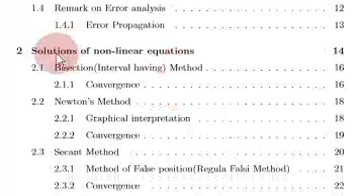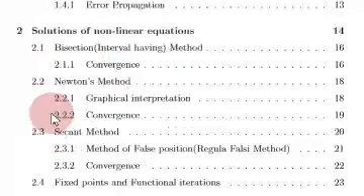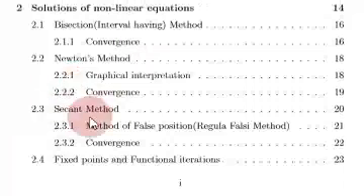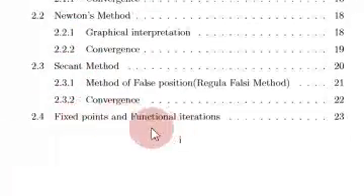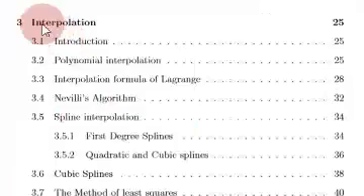Under section 2, you will find solutions to nonlinear equations using the bisection method and Newton's method. There are many methods, many numerical schemes. Another method is fixed point function iteration, like that. Under section 3, we will discuss interpolation.